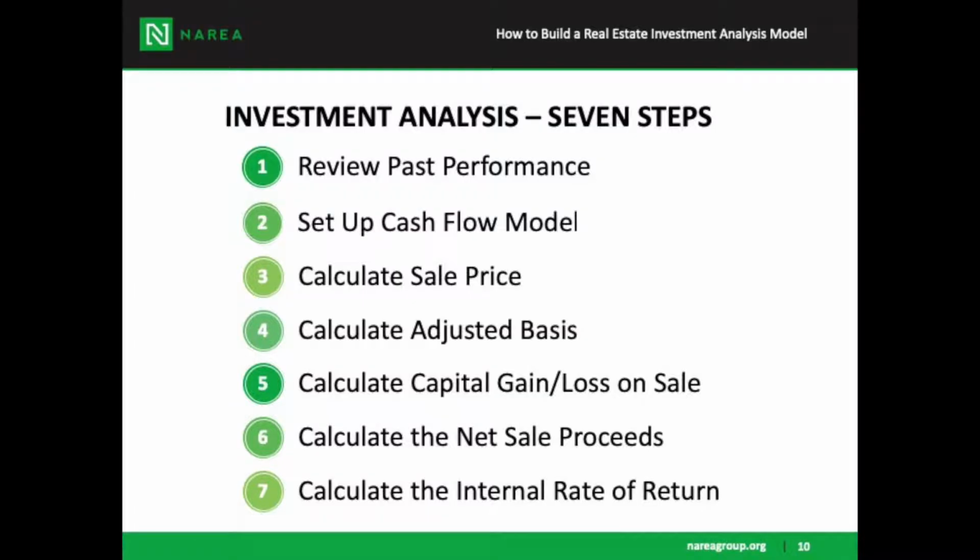We're going to look at past performance, then set up a cash flow model. Then we're going to calculate the sale price, the adjusted basis, the capital gain or loss on sale, and net sale proceeds. And at the end of the day, if everything works perfectly, we'll get an internal rate of return.